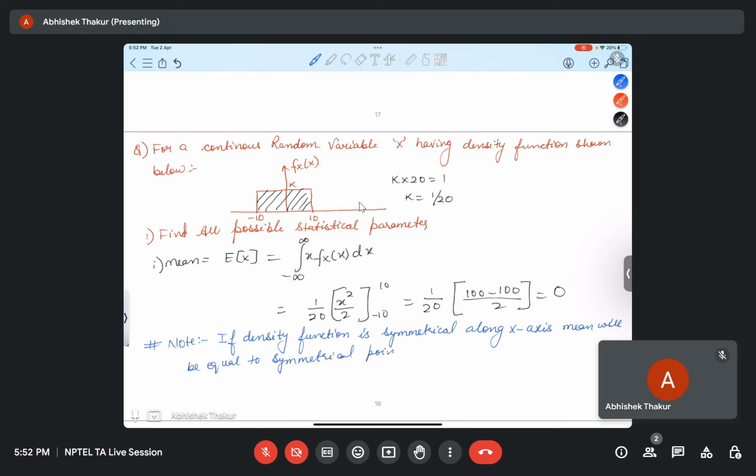So here you can see the density function is symmetric about the point 0. The symmetrical point is 0. So the mean value will be 0. Okay.